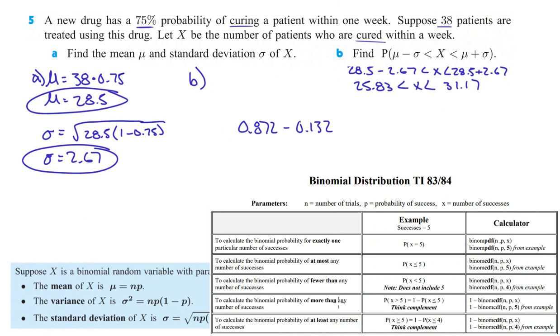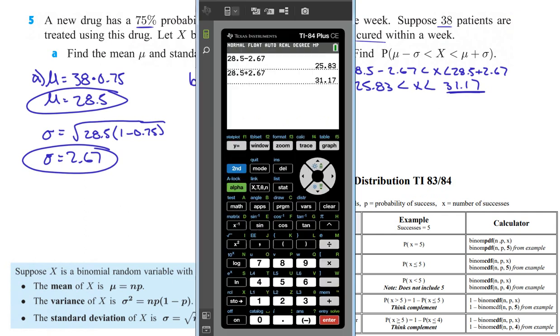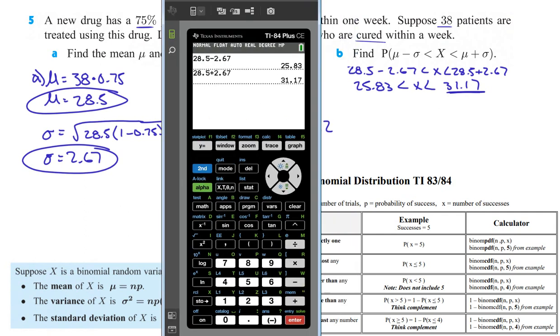Okay, so what we want to do is figure out the probability of being between those two numbers. So we'll just figure out the probabilities of both of those.